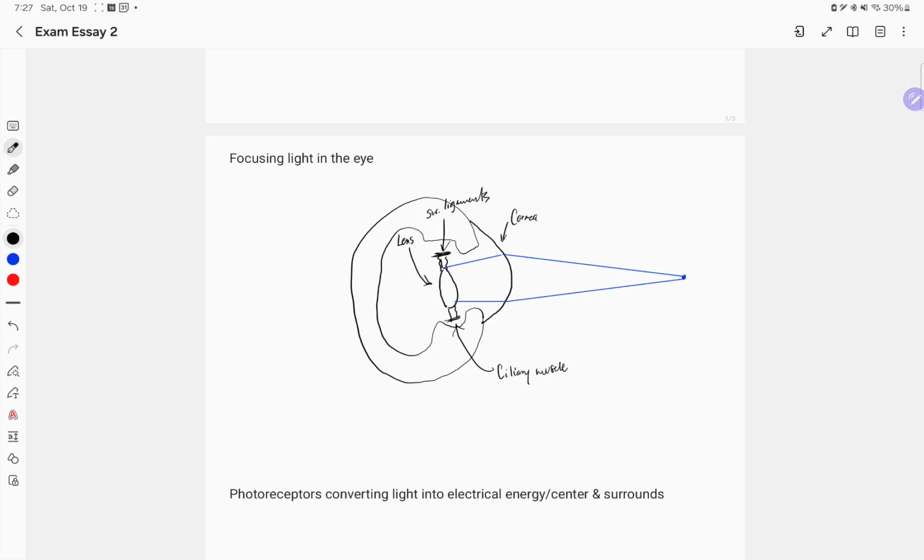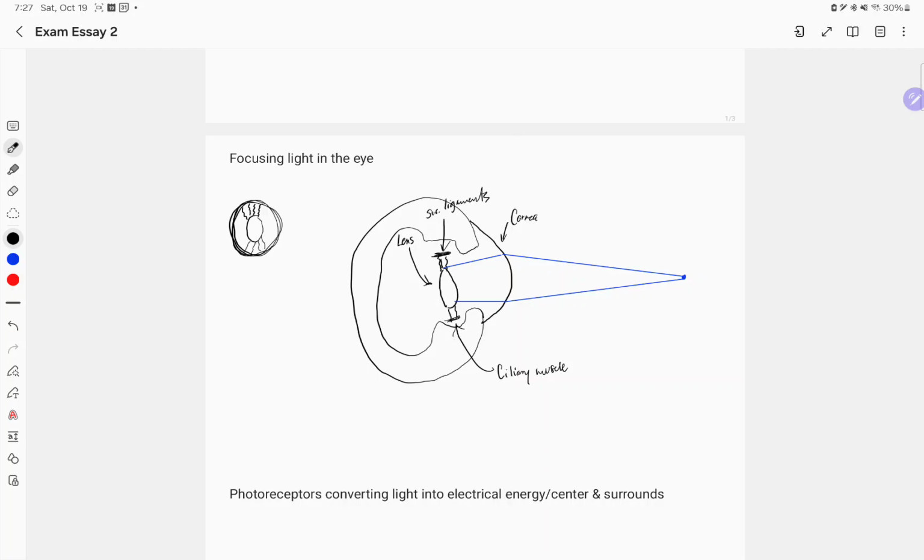Well, this lens, if we're looking at it from the anterior position, from anterior to posterior, it would look more like this, right? We have our lens, and then we have our suspensory ligaments, okay? And then we have our ciliary muscle.